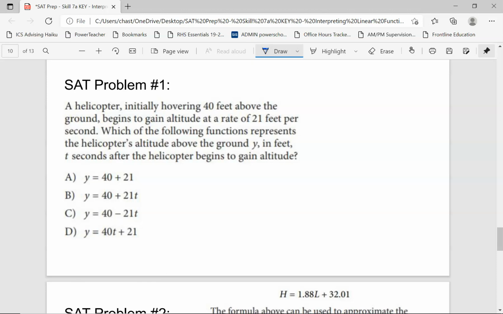Okay, so we have to think about the altitude, y, as a function of how fast we're going. So when we start at 40 feet and we're gaining altitude at a rate of 21 feet per second, that sounds like a slope because it involves a rate of change. So it's going to be 21t.